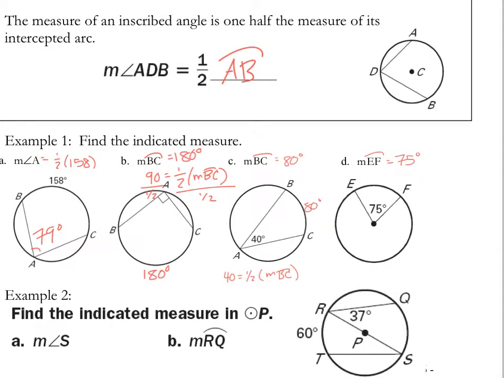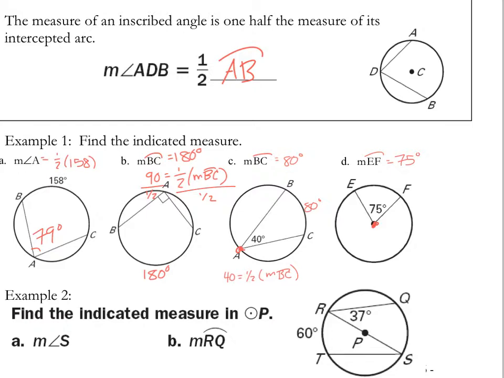Alright, that last one was a tricky one. I did that to trick you. The first one, so I have your angle equals 1/2 the arc. So then I divided by 1/2, so I get 80 degrees. This next one is a central angle. The angle is not on the circle like A is over here. It's in the center. That means that it's equal.